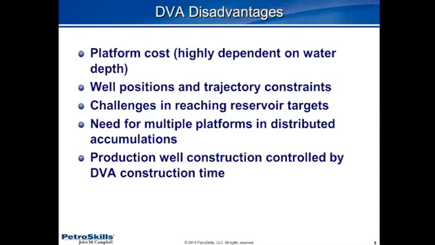The challenges in reaching the reservoir can also reduce the radius of drilling and make the need for more drilling locations and more platforms a technical requirement for development, and thus increase the costs and make the direct vertical axis development a challenge.